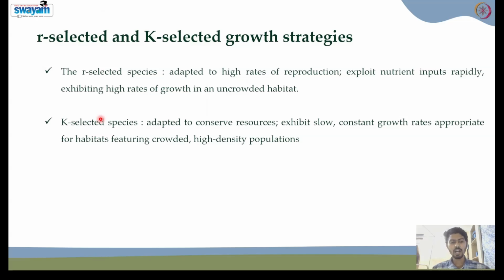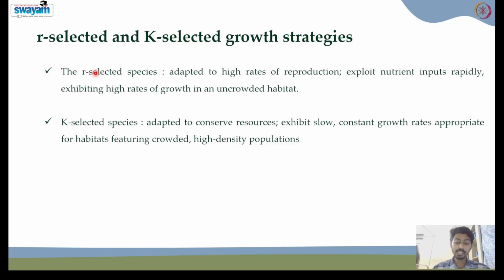Whenever there is a higher growth or higher rate of reproduction, or the reproduction occurs very quickly, they take advantage of every bit of nutrients and space availability in an uncrowded habitat. We call these kinds of species R selected species.